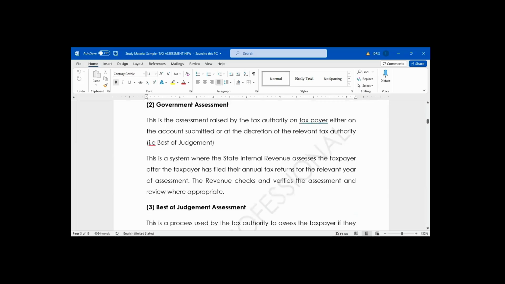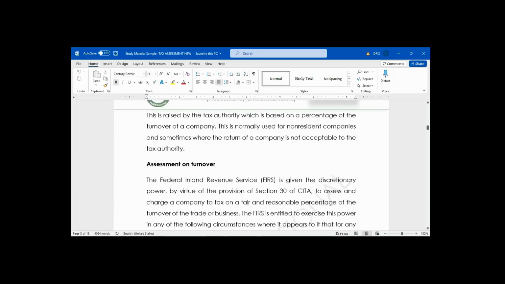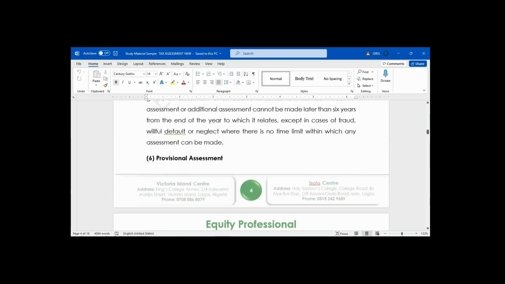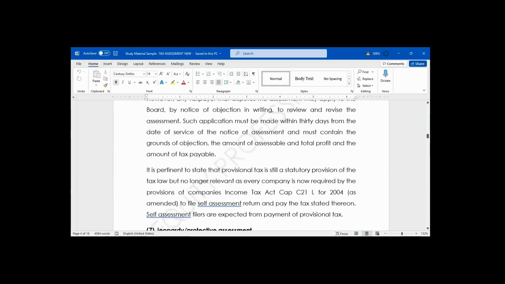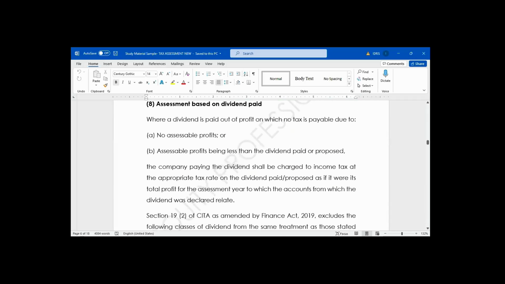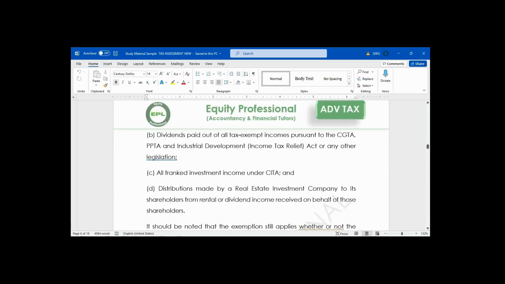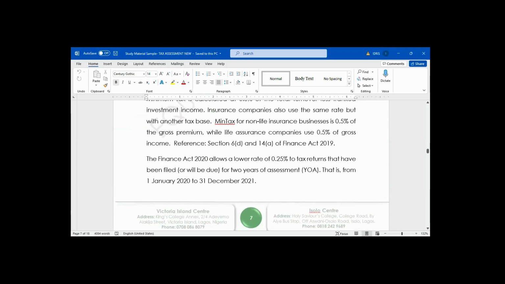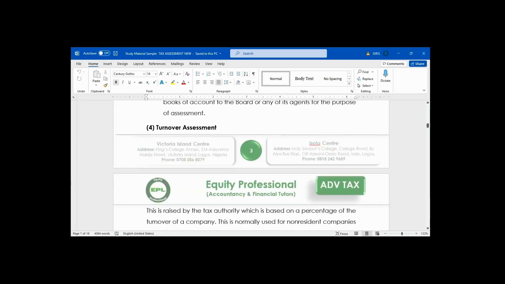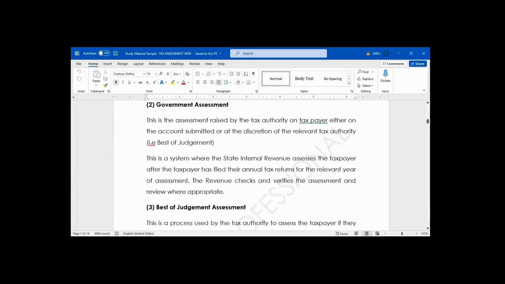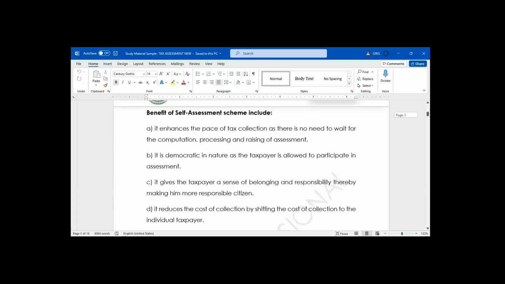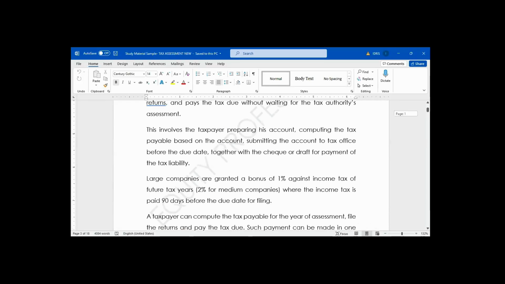Number three, best of judgment assessment. We have another assessment called turnover assessment. We have provisional assessment. We have assessment based on dividend and so on. So now, let's explain them one by one. First, we start from self-assessment. What do you understand by self-assessment?